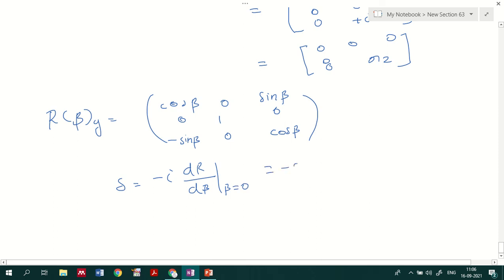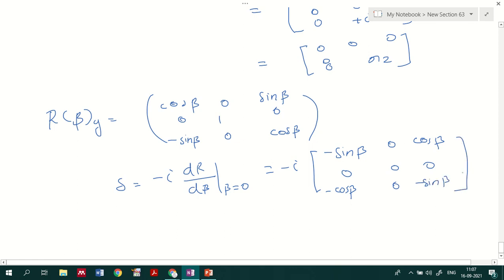That is equal to minus I into minus sin beta 0 cos beta, 0 0 0, and minus cos beta 0 minus sin beta.